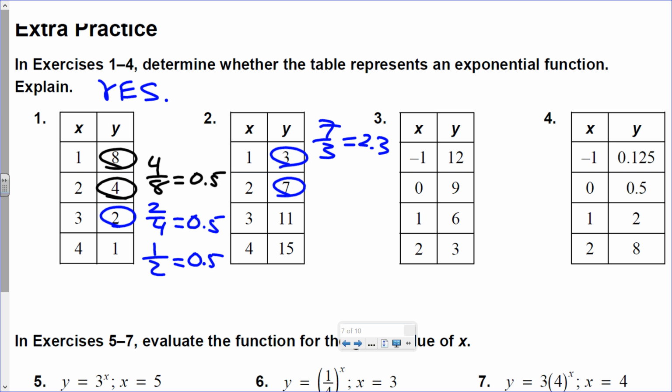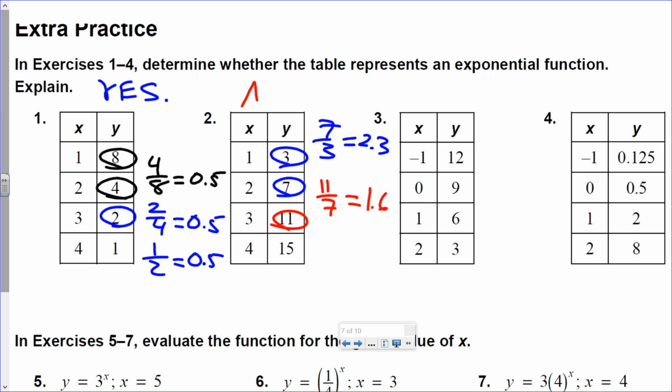Well, now let's not get excited yet. Let's get the third divided by the second. 11 divided by 7 now. Let's see if I get 2.3 also. If it's not, then I know it's not exponential. 11 divided by 7, I got 1.6. So is number 2 exponential?